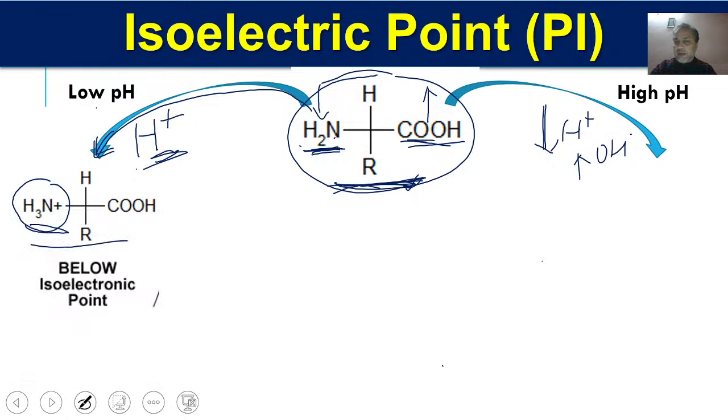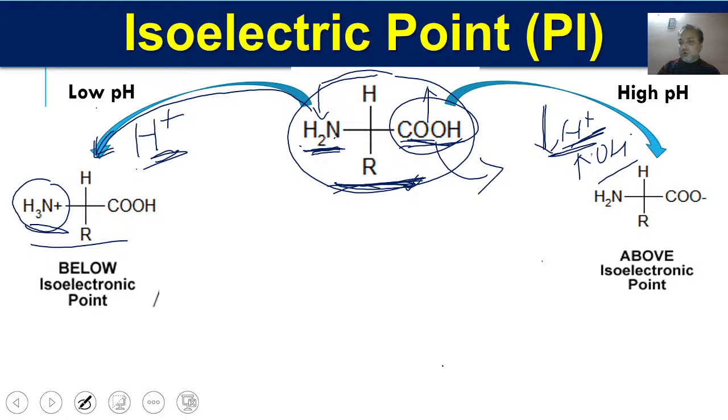So when we take the amino acid towards higher pH, on the alkaline side, we either have low H plus because it is an alkaline medium, so H plus concentration will be low, or we have a high amount of OH minus. In that case, this acid group has the tendency to donate its H plus, so it will be converted into COO minus.